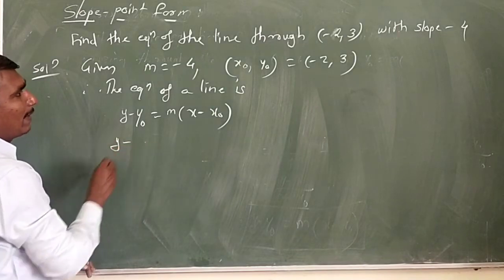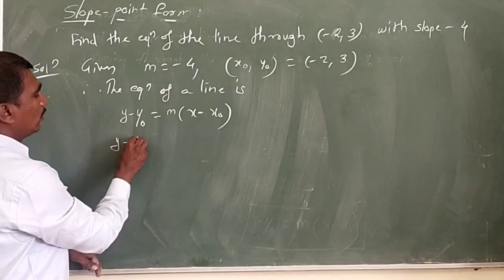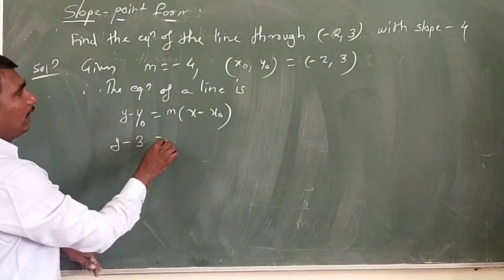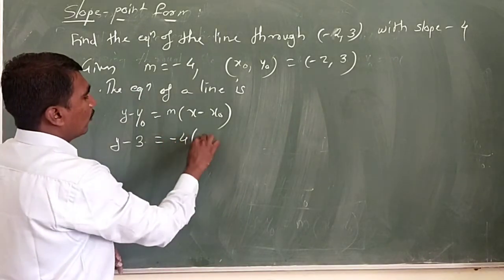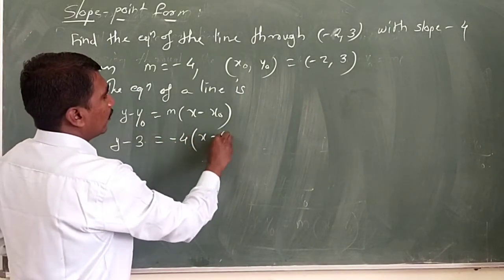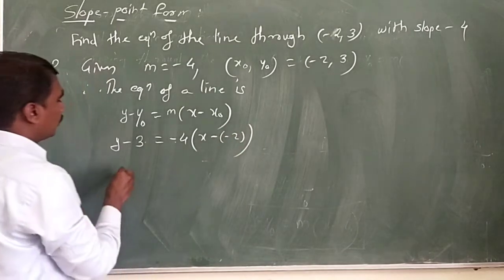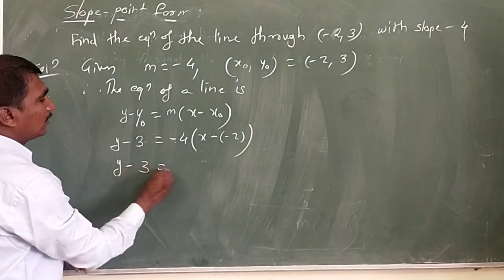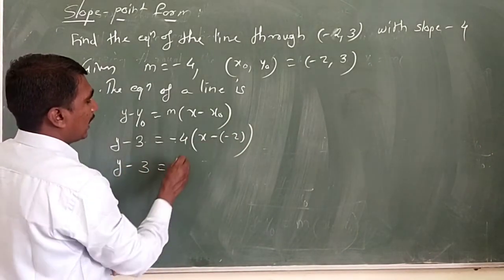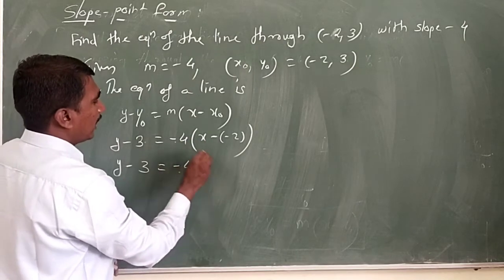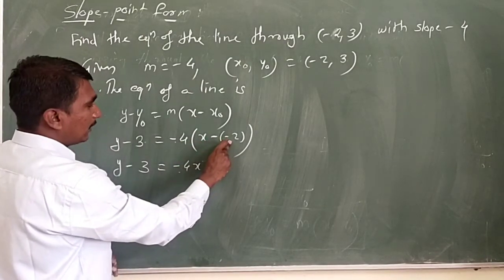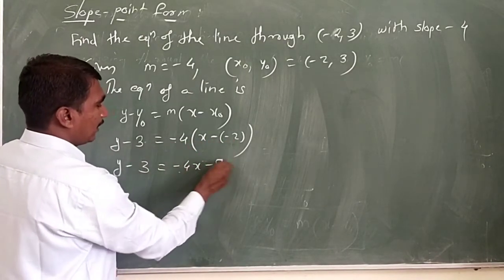So here y minus 3 is equal to m is -4, x minus x0 is -2. So therefore y minus 3 is equal to, taking the minus sign inside, -4x minus 8, that is -4x plus 4 times -2, which is -8.